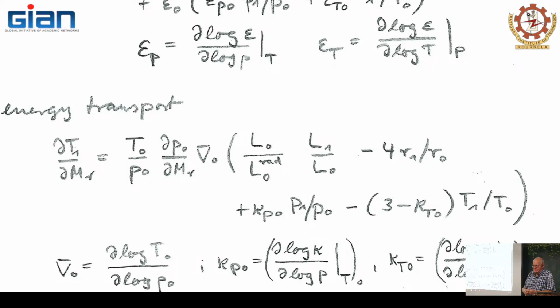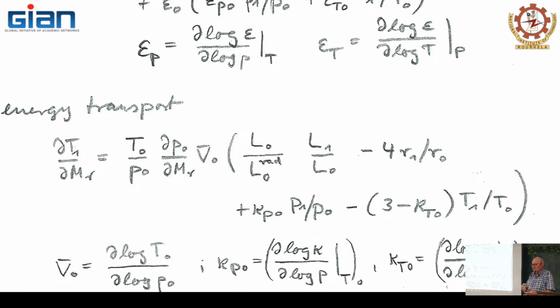And I told you there is an engineering prescription once you try to calculate convection for hydrostatic stellar models. This is mixing length theory, but we don't really know what to do when convection is present in a time-dependent environment.